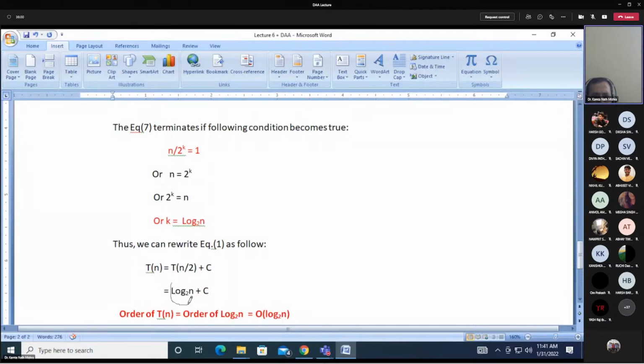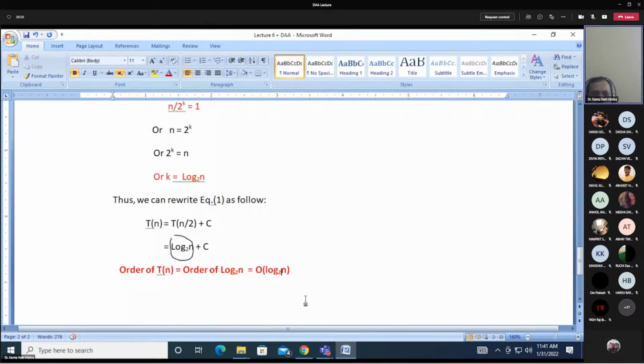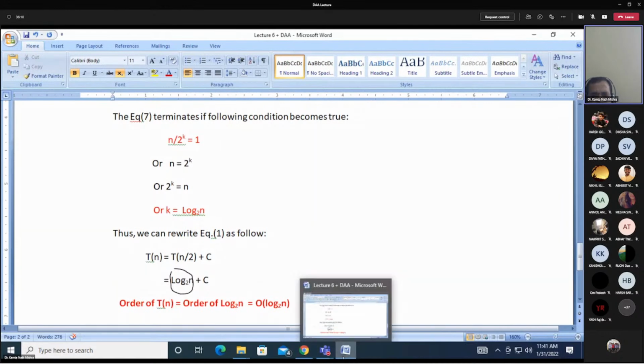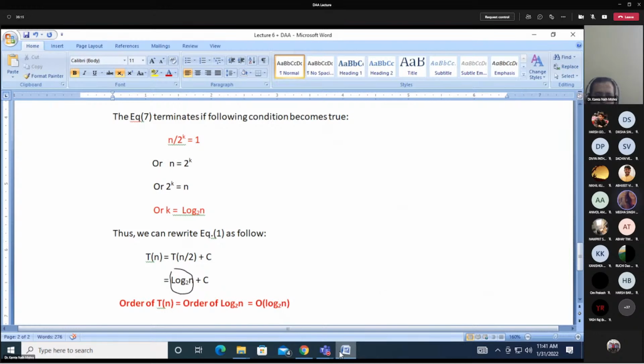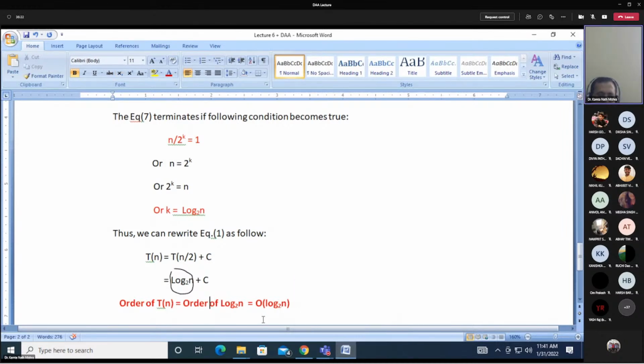Then you will get the answer: Tn equals log n base 2 plus C. So if Tn equals log n base 2 plus C, then what will be the order of Tn? The order will become log n to the base 2. How did you get this answer? Can you prove that if Tn equals log n base 2 plus C, then the order of Tn will be big O of log n base 2? Can you prove it?